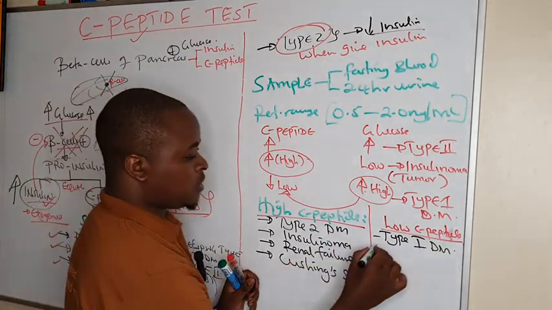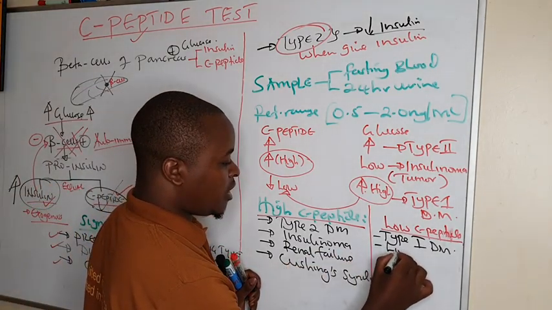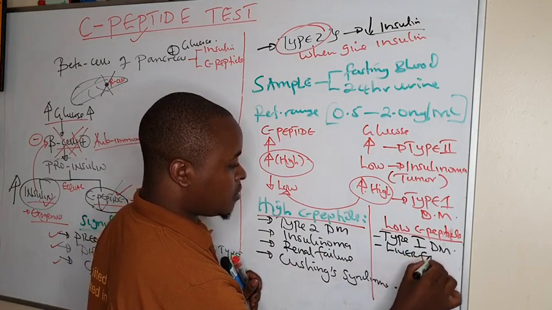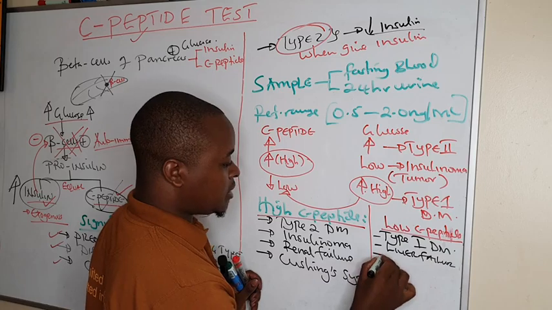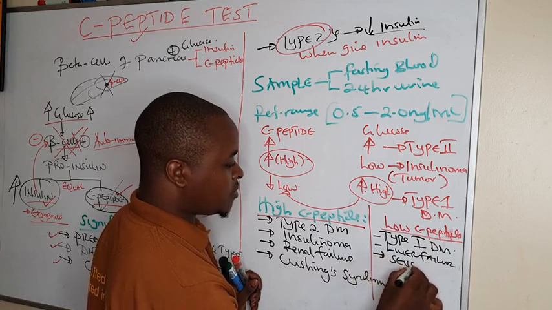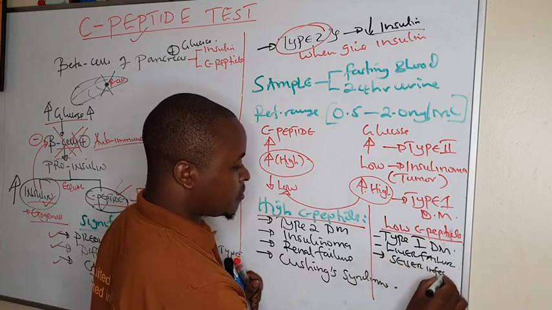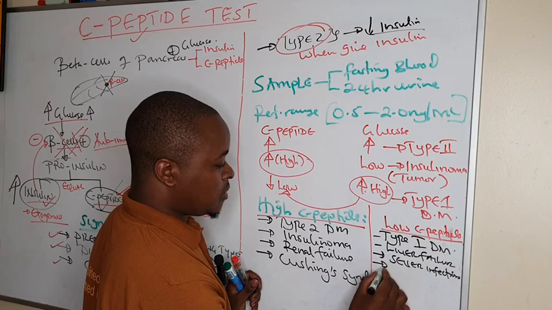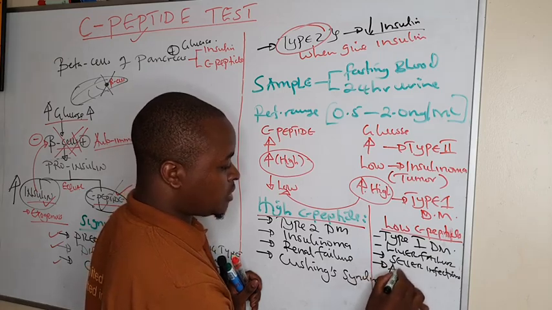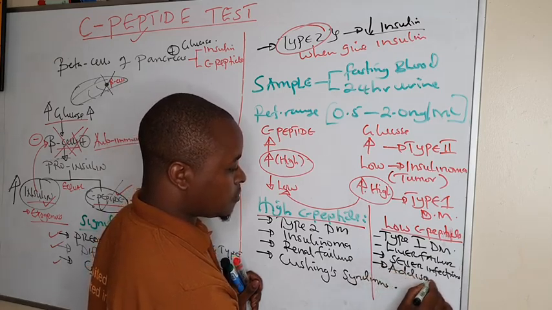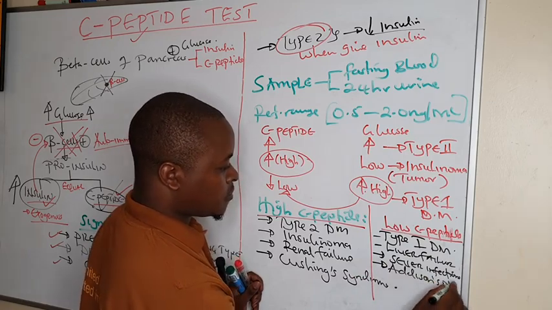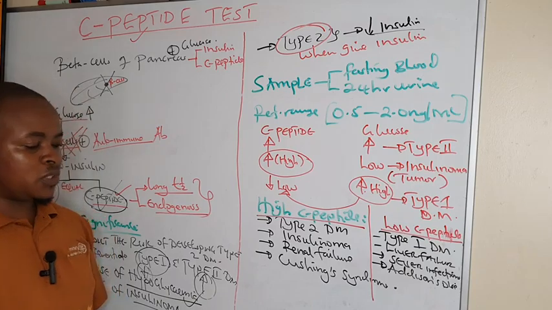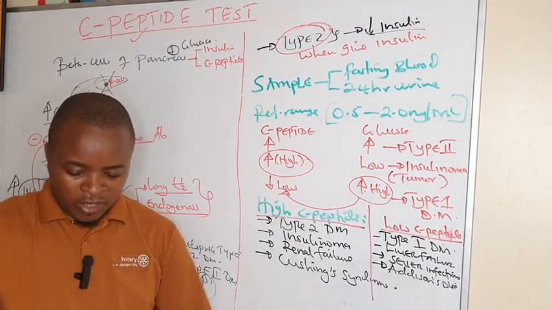We can see it in liver failure. We can see it in severe infections. We can see it in Addison's disease. All these ones can cause low C-peptide levels.